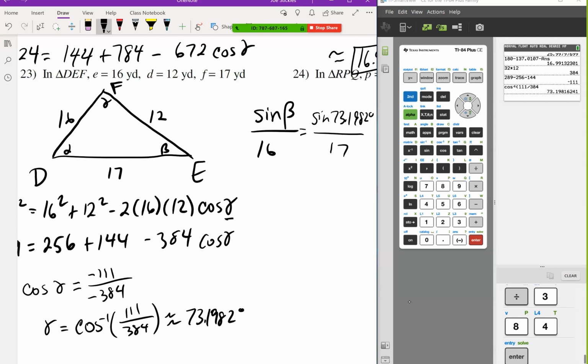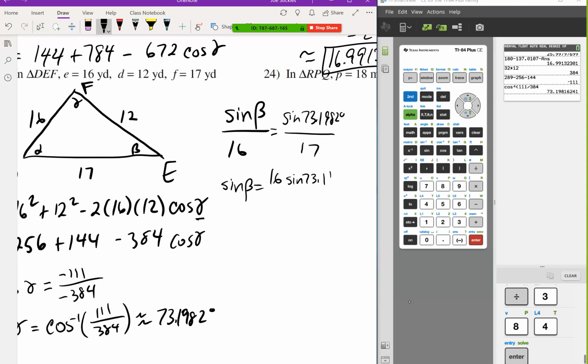So then I just need to get beta by itself. So we'll multiply both sides by 16 and divide by 17, and then do the inverse sine. Again, if you're a person who likes to simplify the numbers first before doing the next algebraic step, that's fine.